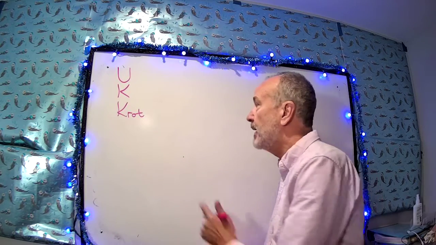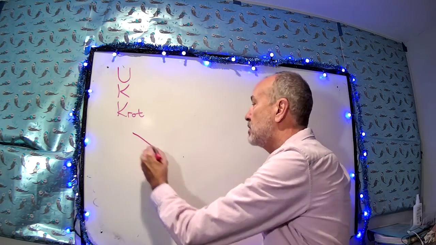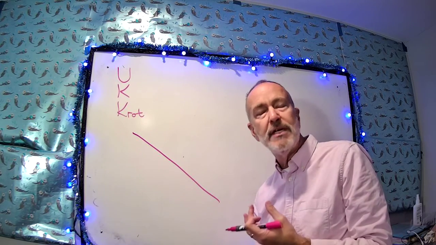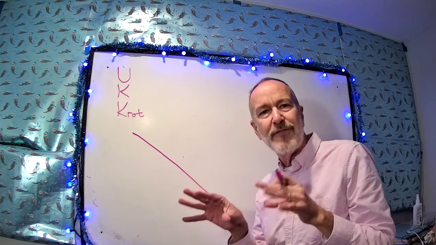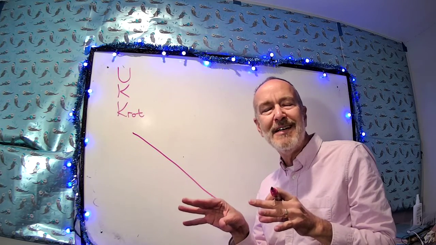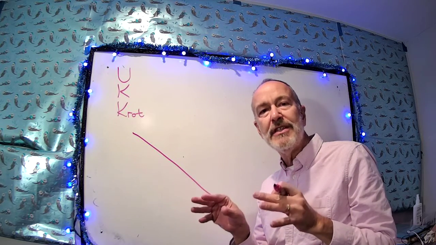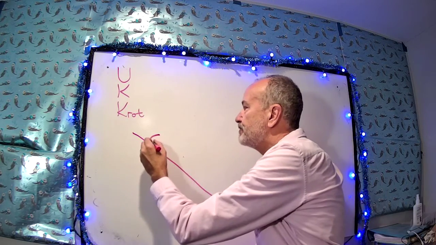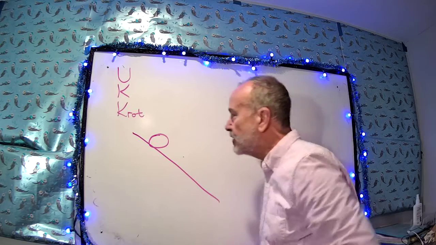But I want to talk about a ball rolling down a ramp, because we always did problems where it was a block sliding down a ramp. We specifically stayed away from balls rolling down ramps because the conservation of energy there is a little different. So here's the ball, and it's rolling down a ramp.